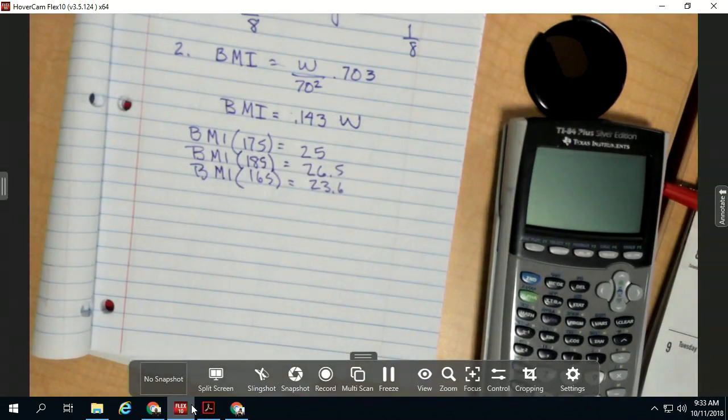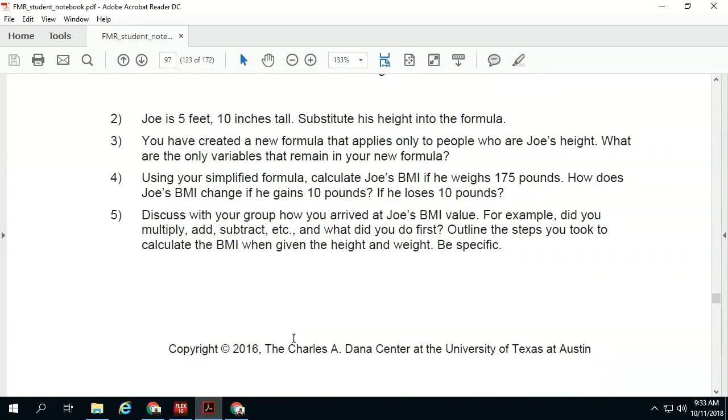Okay, so you see how BMI can be affected by these kinds of things. But here's the part that I wanted to spend a little bit of time on. Discuss with your group how you arrived at Joe's BMI value. All you need to do is multiply the weight by the coefficient. What kind of a function is this? You saw the graph. Linear? Everybody agree?